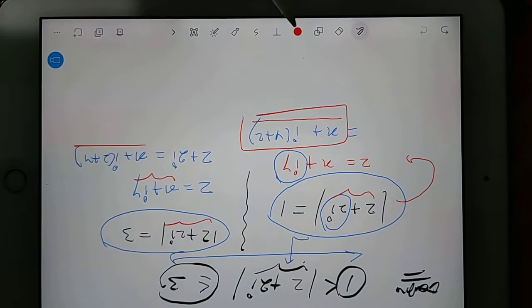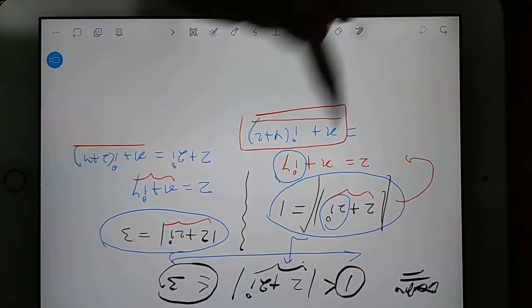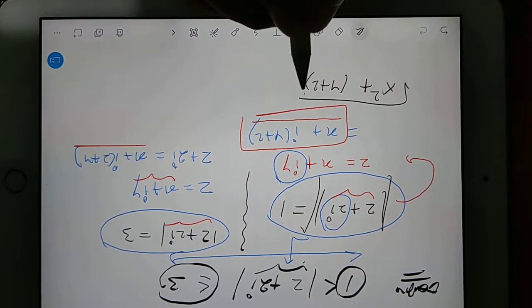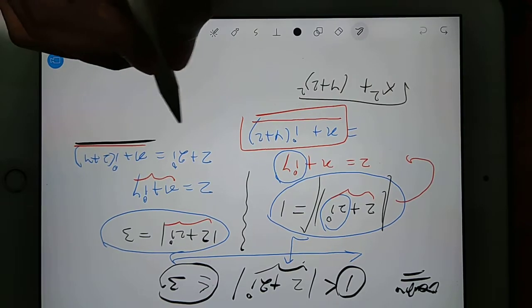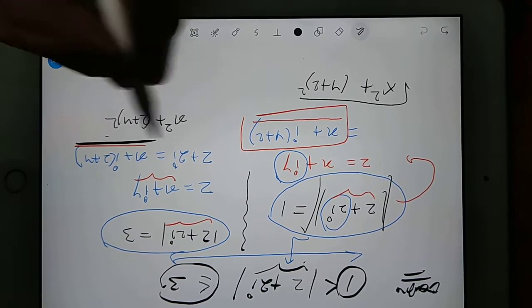Now take the mod of that, which will be nothing but the square root of x squared plus (y plus 2) whole squared.